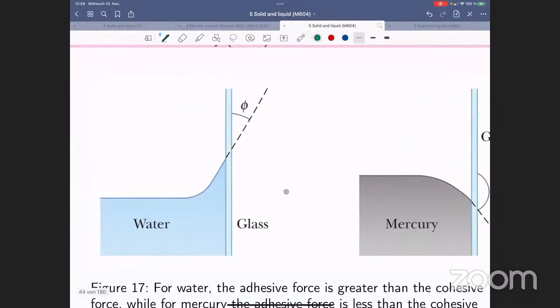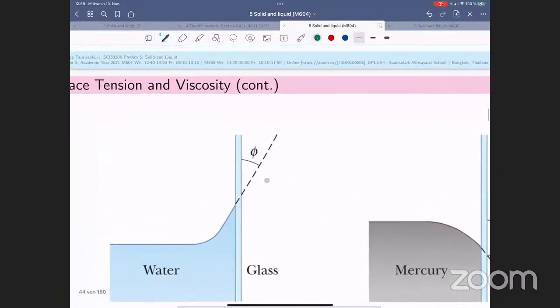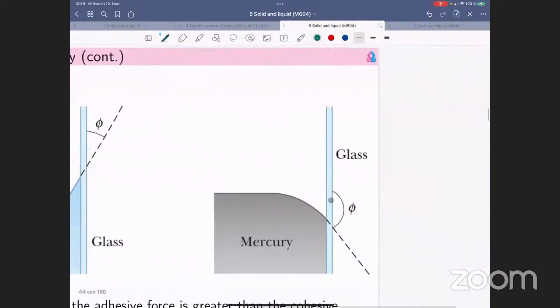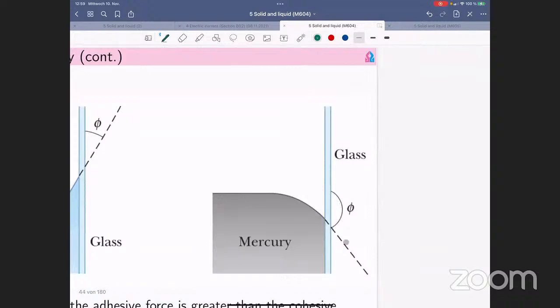One more thing that is quite important is that the physicists have found that the angle of this almost straight line of the water with respect to the plane of the glass of the capillary tube, and the angle between the glass and the surface of the mercury, is called angle phi.